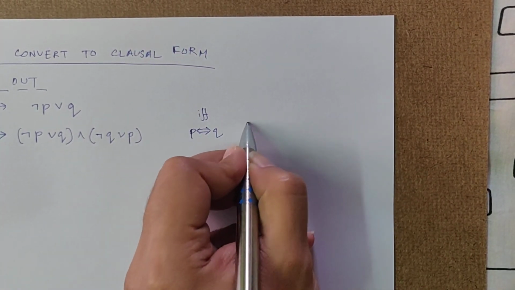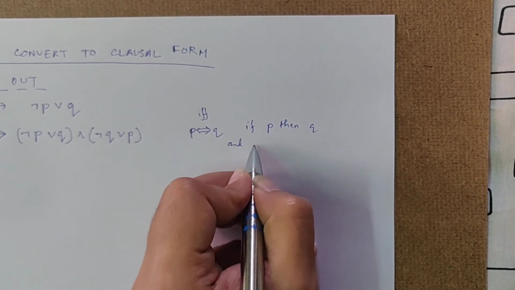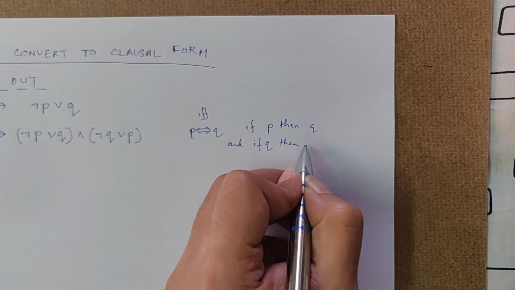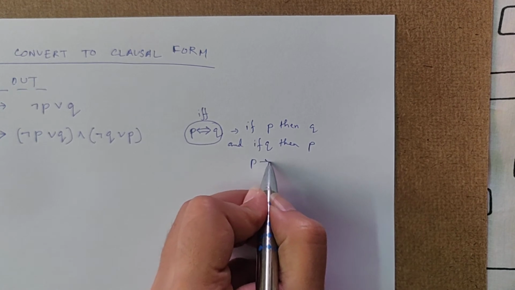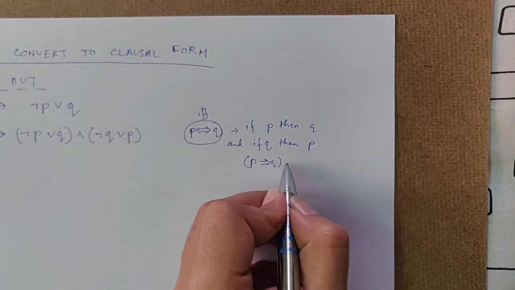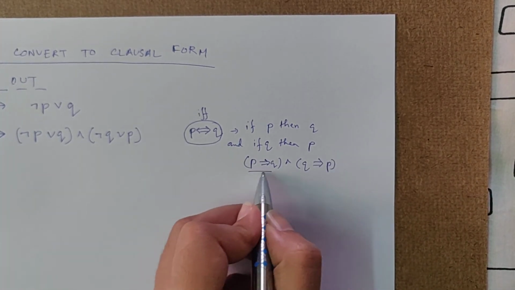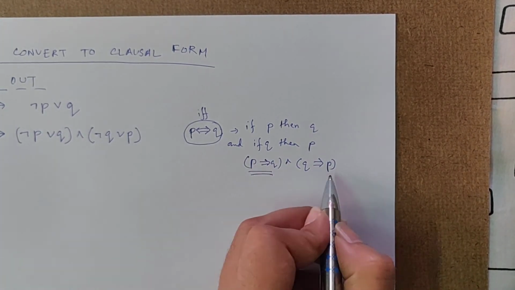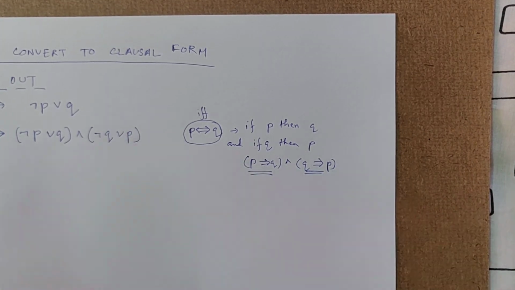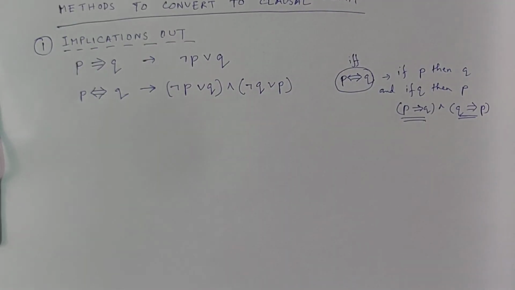What does if and only if mean? If P, then Q, and if Q, then P. So this can be broken into P implies Q and Q implies P. Now this I can substitute by not P or Q, and this I can substitute by not Q or P. So this is how we can remove biconditional and implication sign from our logical sentence.